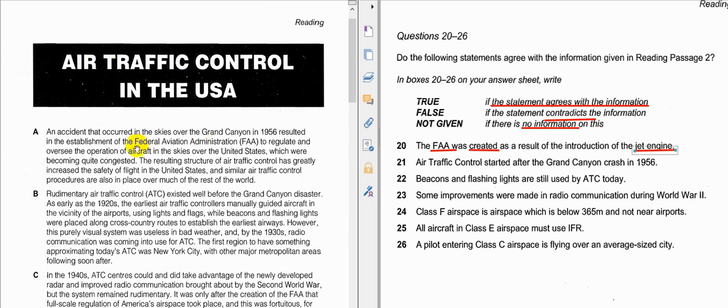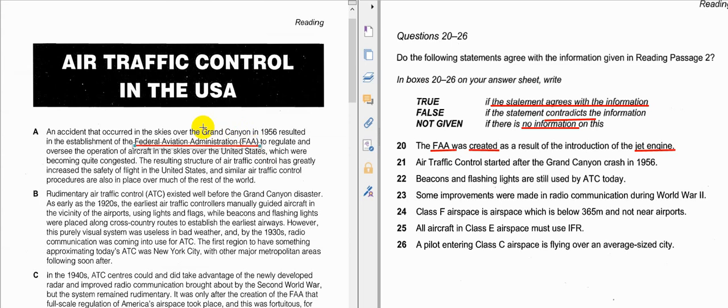All right. So immediately, you can see here there's already the FAA, which is Federal Aviation Administration, right? Okay. So you have the FAA. Now let's take a look at the second keyword that we highlighted, created. When it comes to IELTS, they love playing with synonyms or paraphrasing. So make sure you pay attention to relatively similar words from the keyword that you highlighted. So in this case, created.